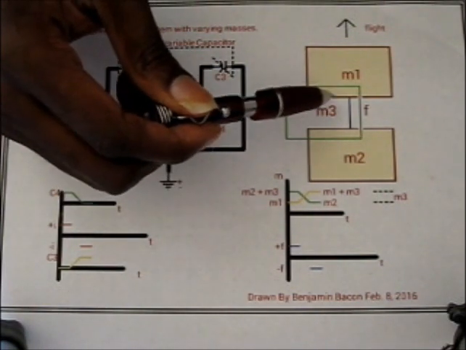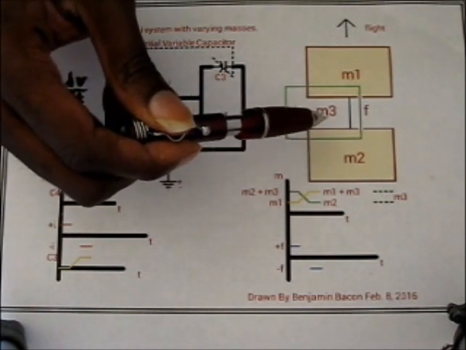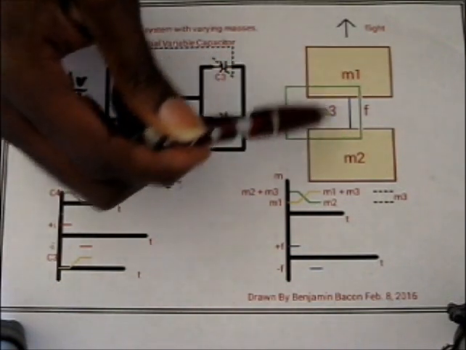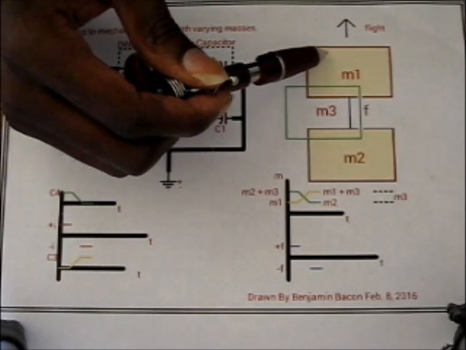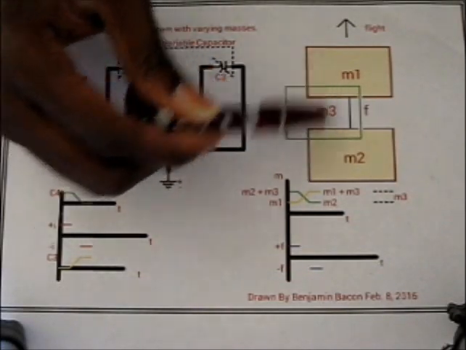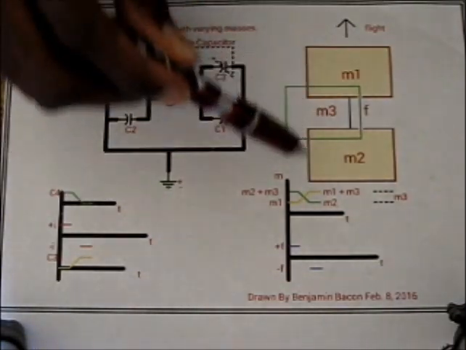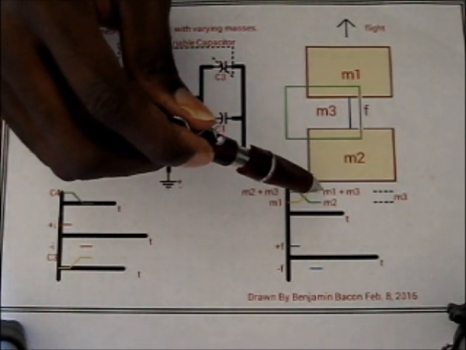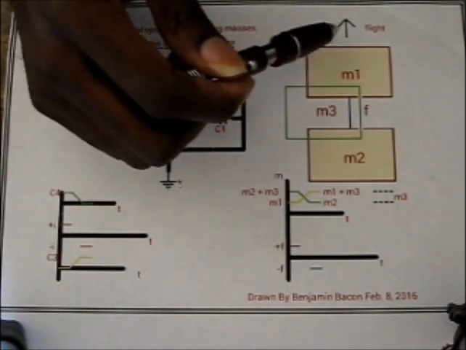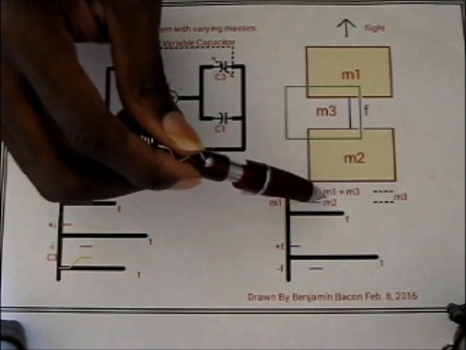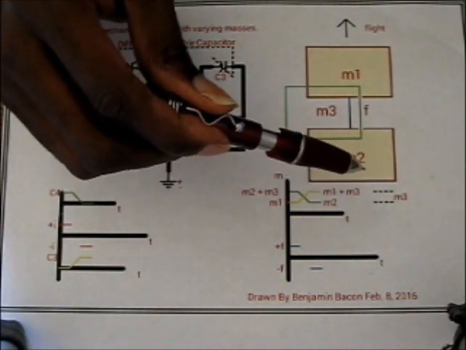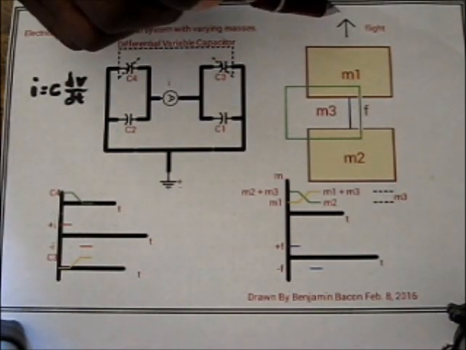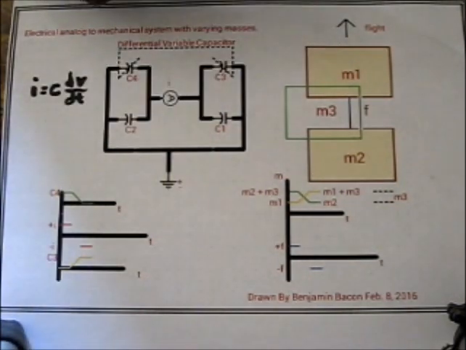Because of that, we have an acceleration of M2 in the direction of flight that is much higher than the combination of M1 plus M3 trying to go in the other direction. So at the end of the cycle, we're trying to have a net motion in the direction of flight. And by repeating this cycle over and over again, we try to get to the point where we have achieved unilateral translation in the flight direction.